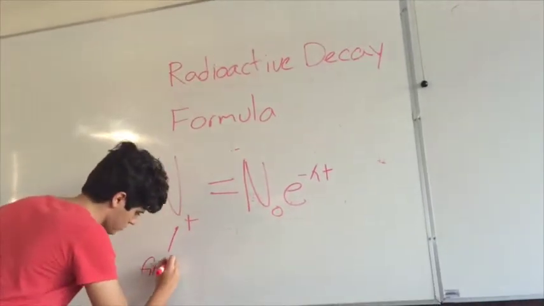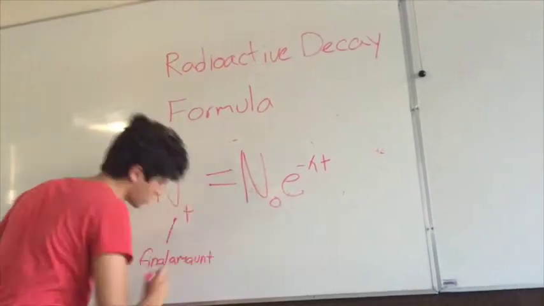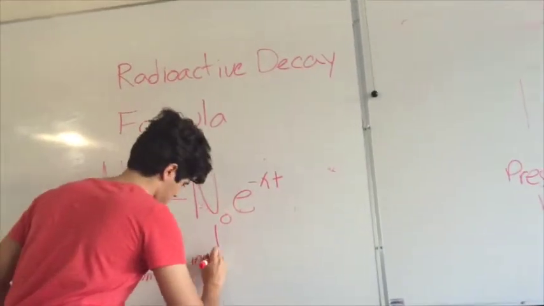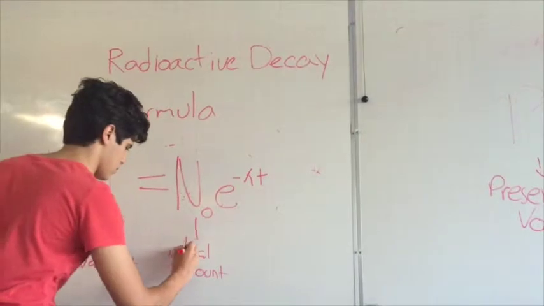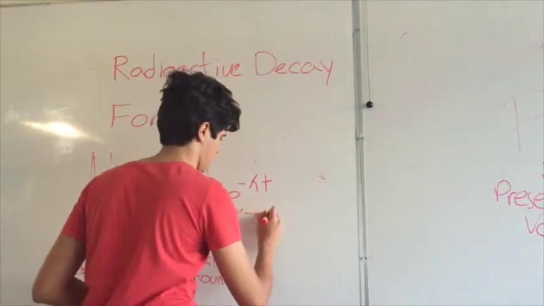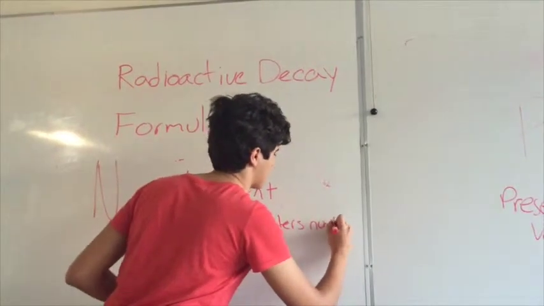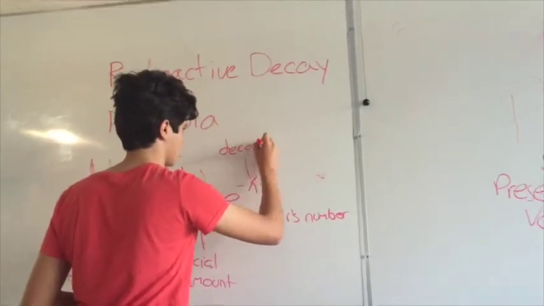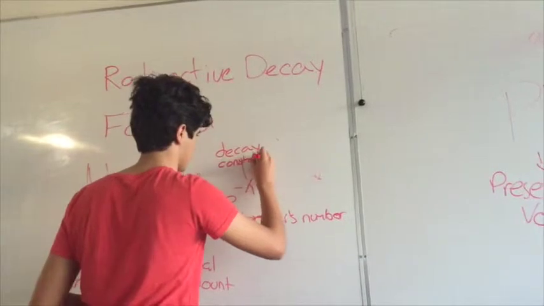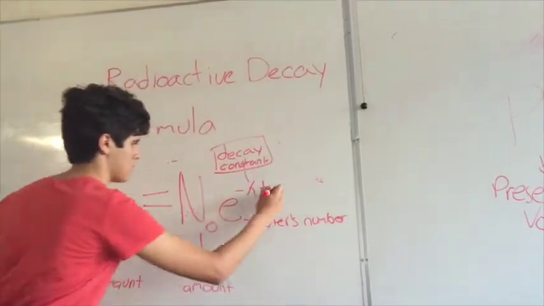N of t is the final amount of the substance. N0 is the initial amount of the substance. e is Euler's number, and as I said earlier, the decay constant, and t represents time.